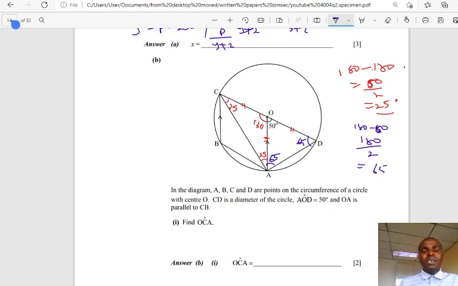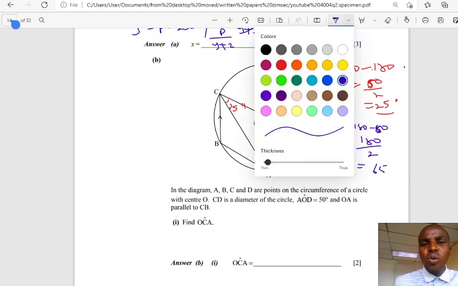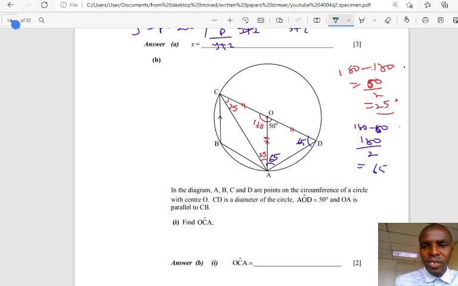Right. Then let me right away find this angle here, ABC. We can say ABC plus ADO is equal to 180 degrees. Reason being, opposite angles of a cyclic quadrilateral are supplementary, which means they add up to 180 degrees, right?